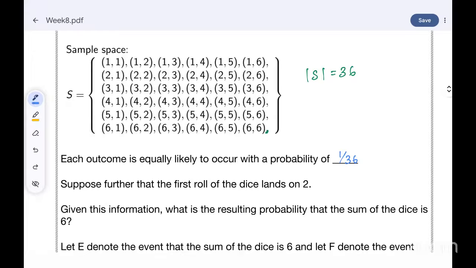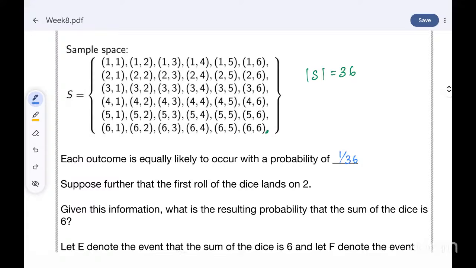Just think about this. 1 by 6. Yes, it's 1 by 6. Why?